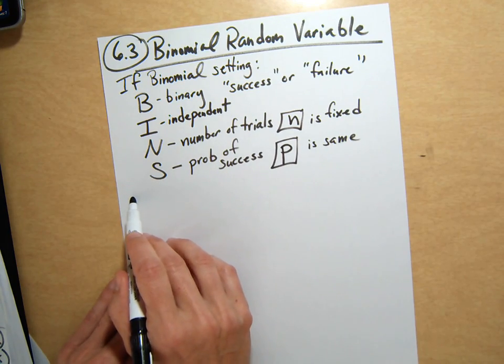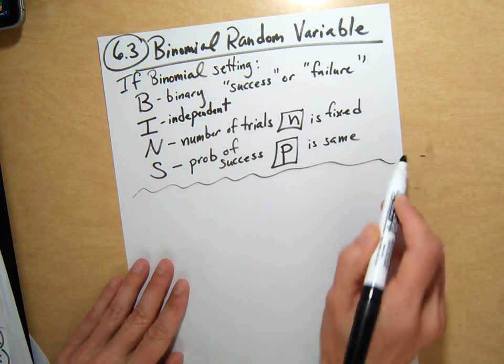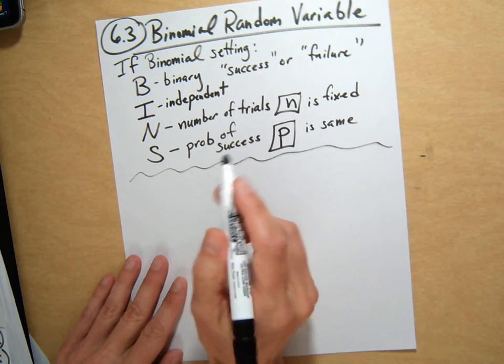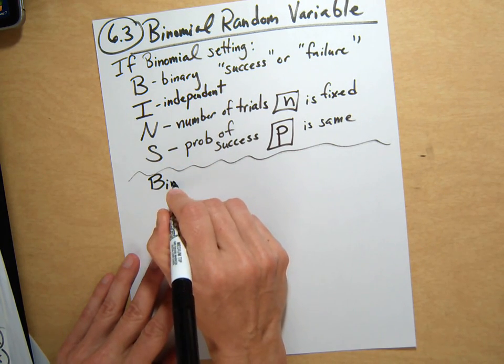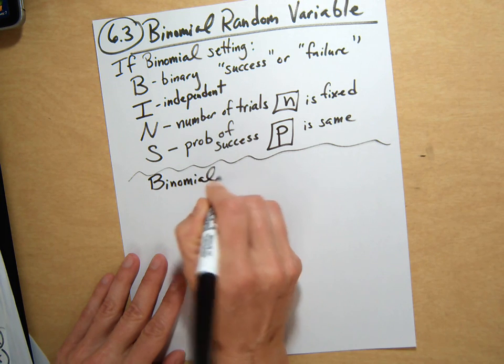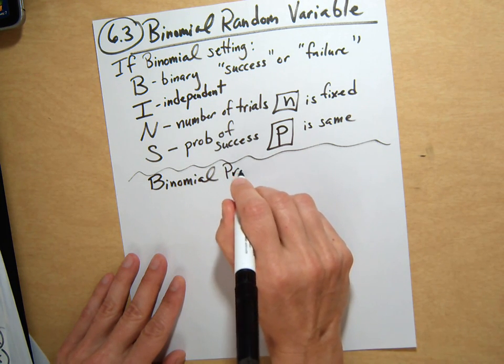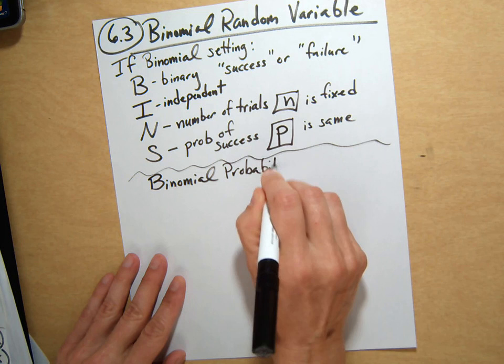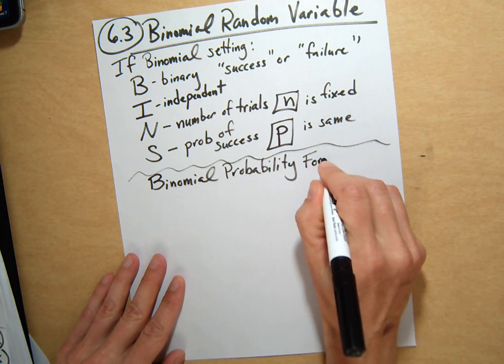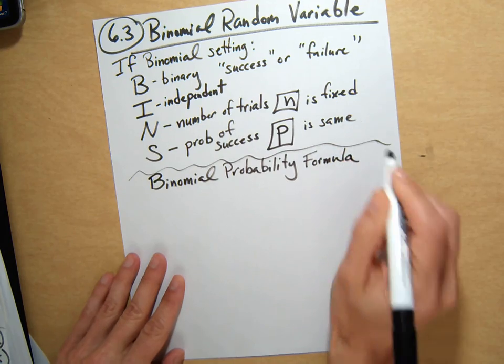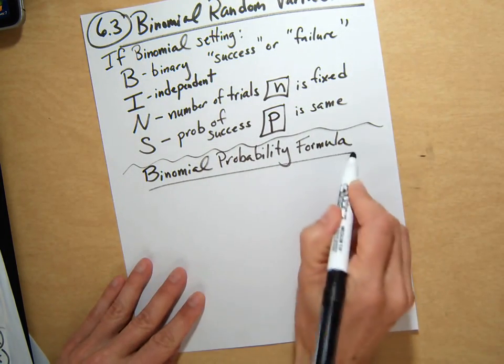So if we've met all four of these conditions, they all have to be true, then to figure out the probability that some event would occur, we can use the binomial probability formula. It looks harder to use than it is, and once you see an example, you'll see the pattern, and it will be very simple.